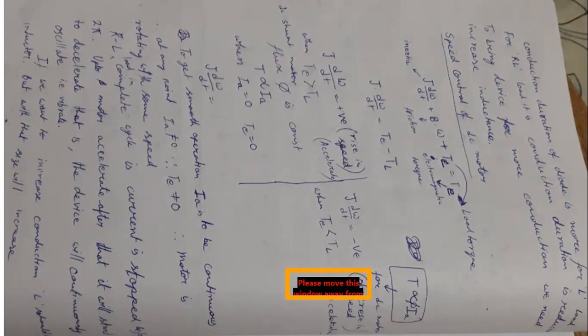If we want to increase the conduction, inductance should be increased. But if I increase the inductance, the size of the device will be more. So for that reason, we have to take some different measures.